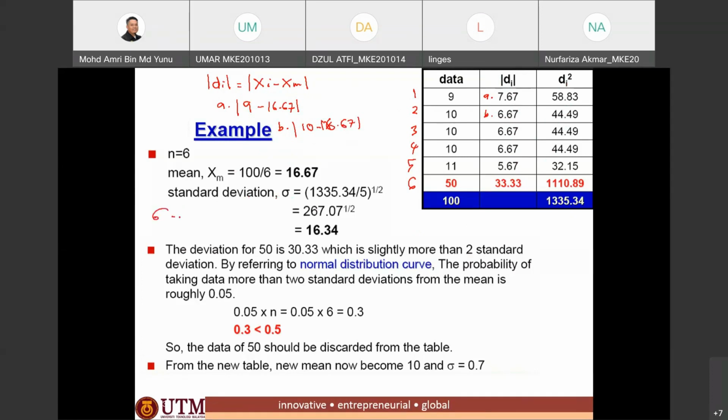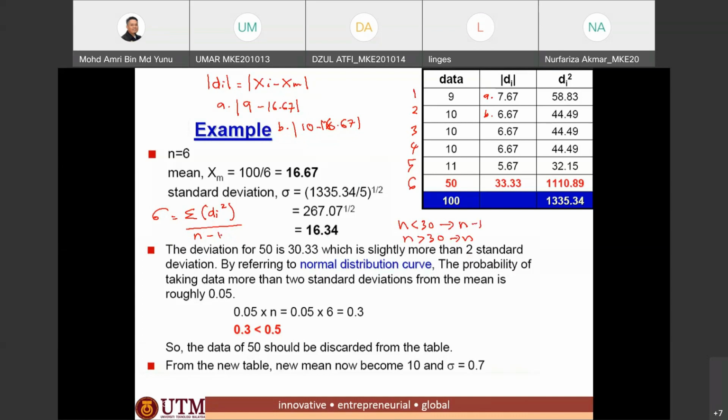The standard deviation is the sum of the squared offsets divided by the number of data minus 1. If n is less than 30, we use n minus 1. If the data set n is more than 30, we use n.